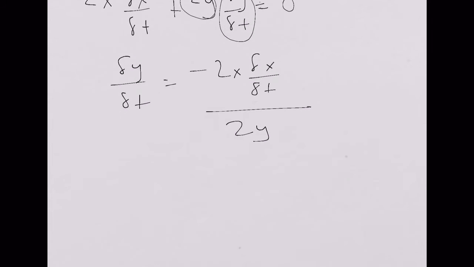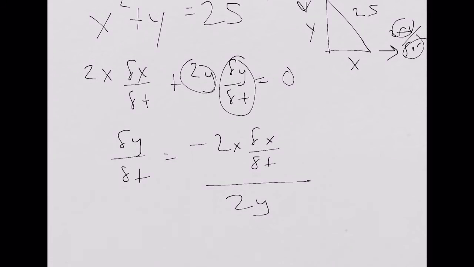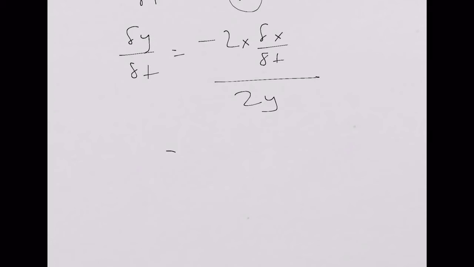Alright, and so now let's see what they gave me. They said that my rate of change, again, horizontally was 2 feet per second. So I know dx/dt is 2 feet per second.